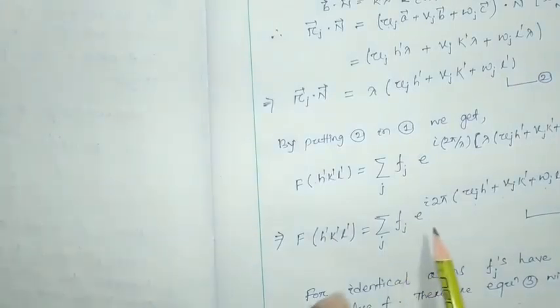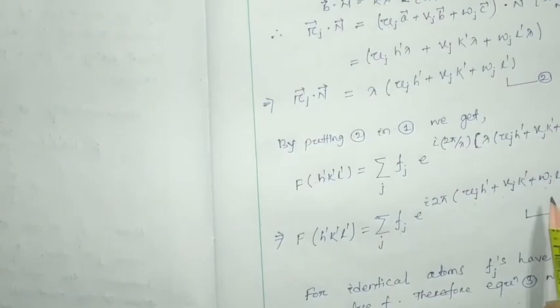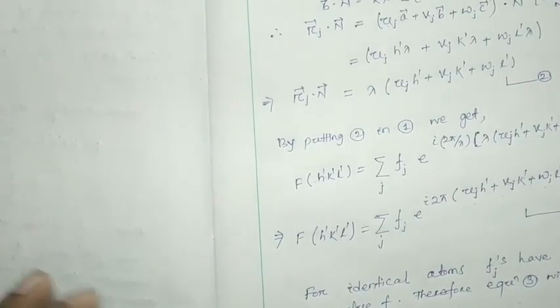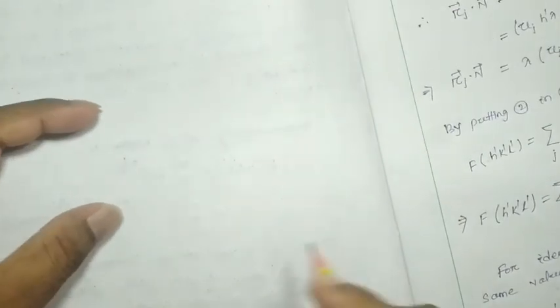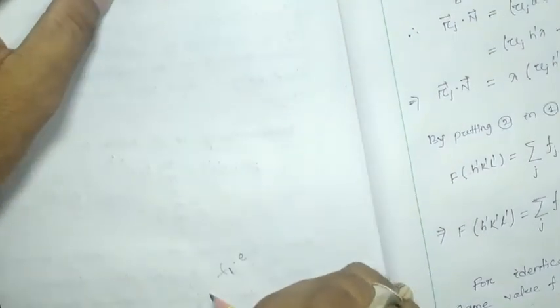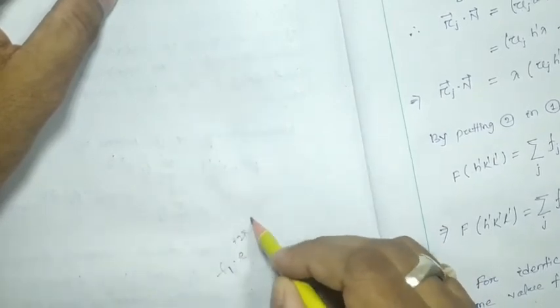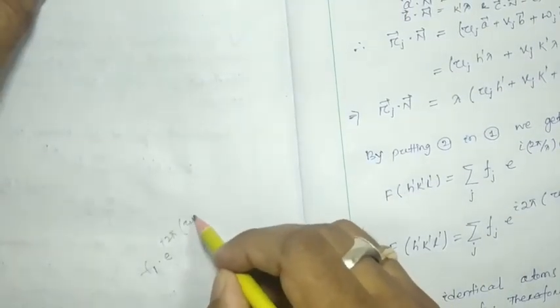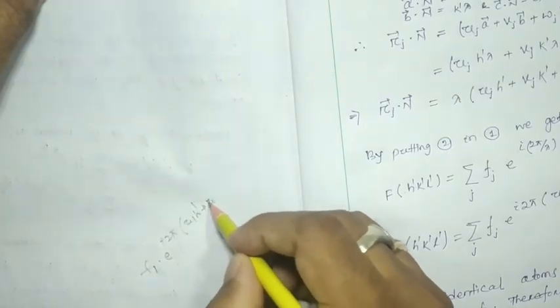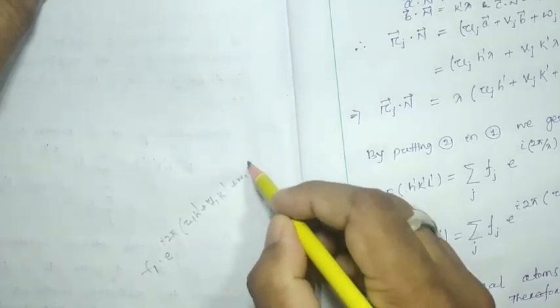So if I expand this equation, it will be written as f1 into e to the power i 2 pi of the coordinates of the first atom, u1 h dash plus v1 k dash plus w1 l dash.